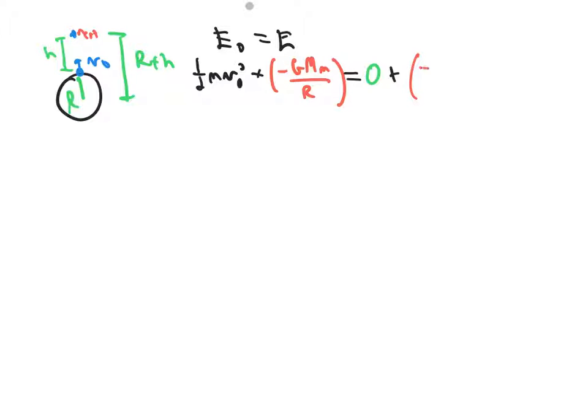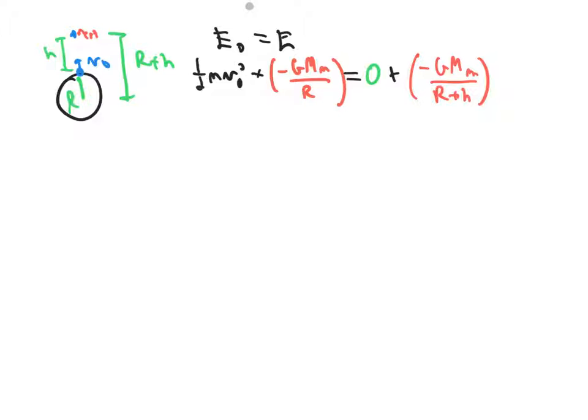So this is minus G mass of Io, mass of the rock, over the distance, which is now r plus h. Important thing to remember, the potential energy has this negative sign. That's going to be really, really crucial. All right, and then we're just solving for the mass of Io.